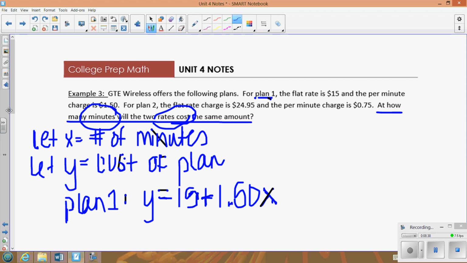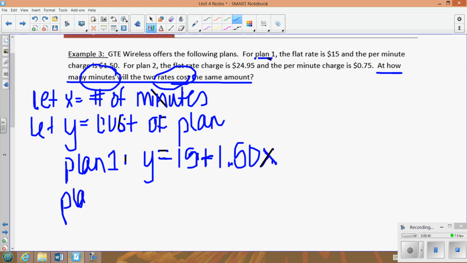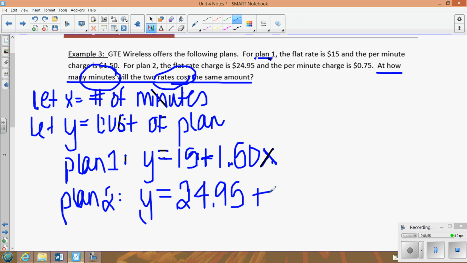And then for plan 2, the total cost will equal $24.95 plus, because that's the flat charge, so the initial charge, 75 cents per minute. So 75 cents times the number of minutes added on to $24.95 will be the total cost of that plan. So this is going to be your system, those two equations.